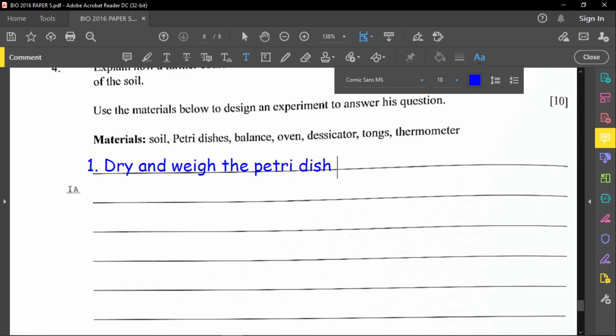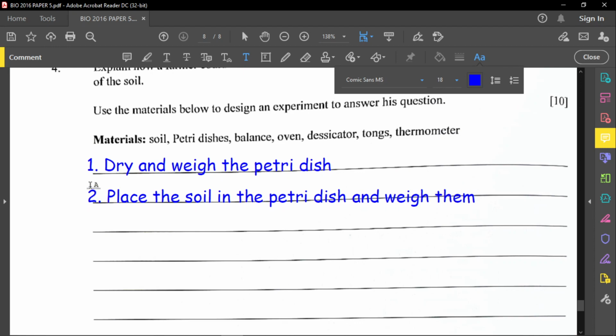The next thing you want to do, step 2, is to place the soil in the Petri dish and weigh both of them together.